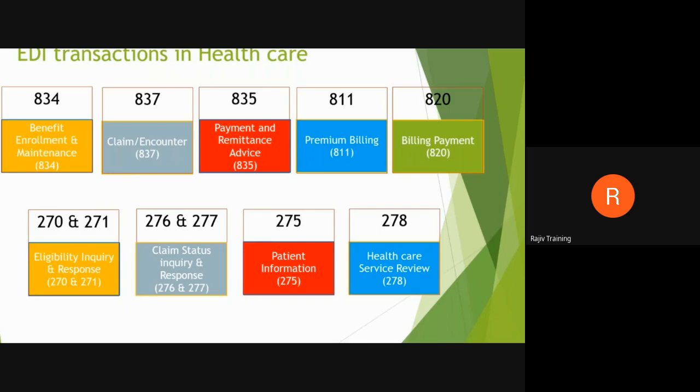So, without the use of EDI, all these transactions would be much more difficult to handle because the various systems of providers and insurers would use different data formats. This was initially the case in the healthcare payment and remittance process.